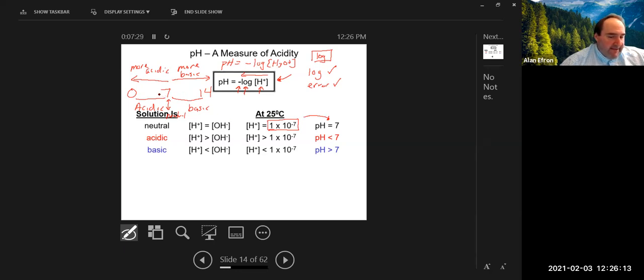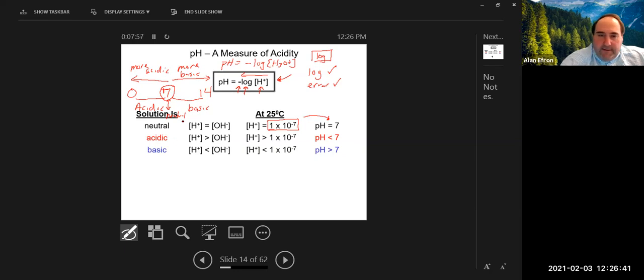If it's just below 7, it's slightly acidic. To make it simple, it needs to be dead on 7 to be neutral. If it's slightly higher or lower, we'll consider it slightly acidic or slightly basic. Some people will give a little window on both sides, but just to keep it simple: if it's 7, it's neutral. If it's not, it's slightly acidic or basic.